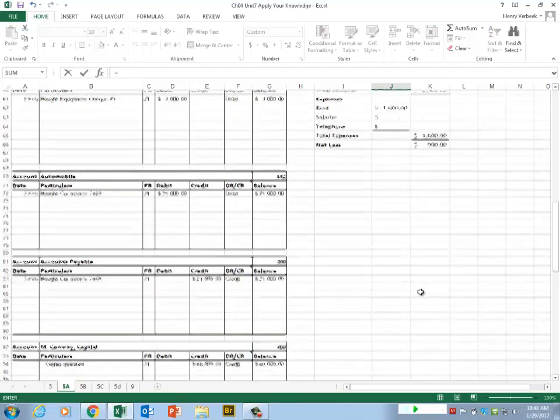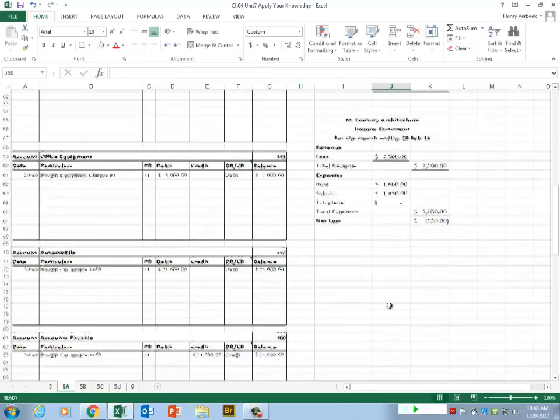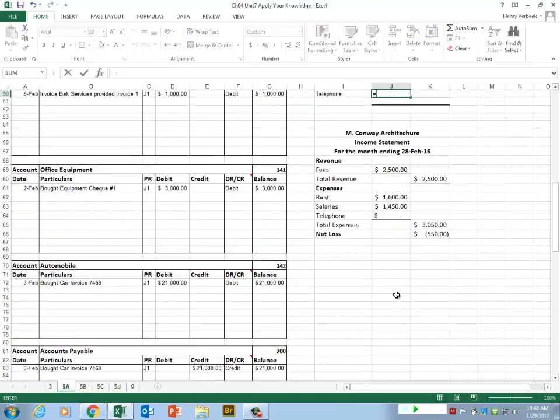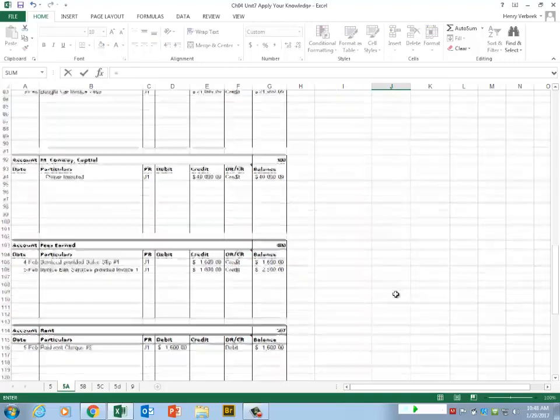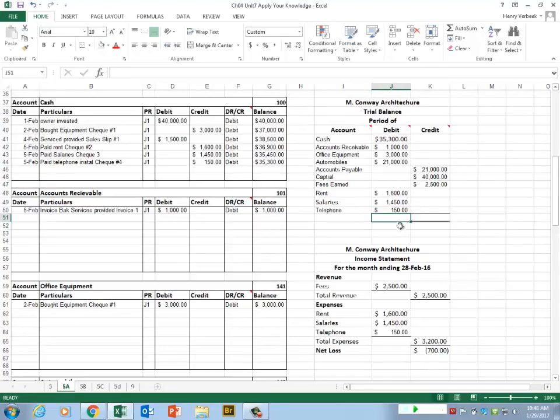Salary equals. And telephone expense equals. Enter. From here, you want to auto sum. So I'm going to auto sum this entire column, and then I could auto sum that, or easier is just grab that green dot and drag it over.